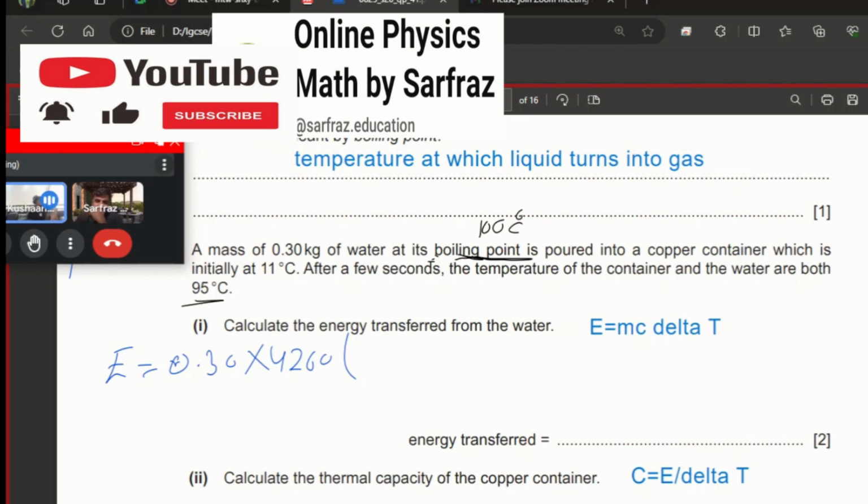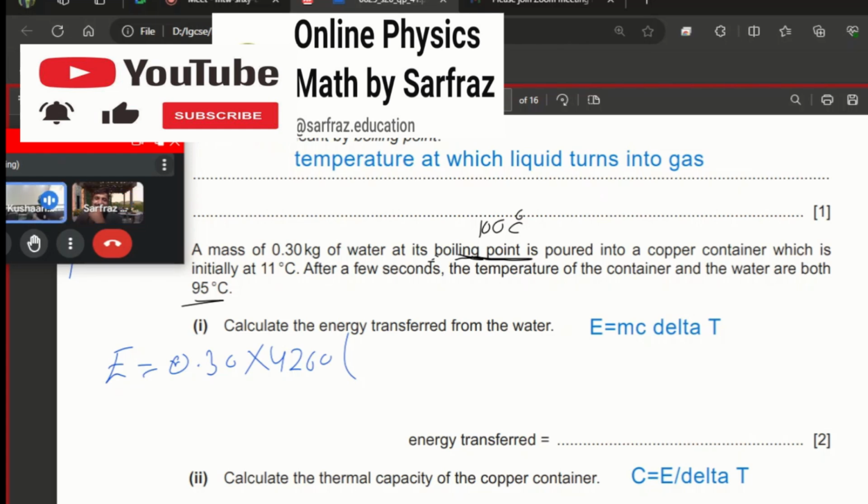Why 11? Because the container is initially at 11 degrees, but after a few seconds the temperature of the container and water are both 95 degrees. So 95 minus 11? Initially water is at what temperature? Read the question again. It is at its boiling point, so it is 100. Yes, it is at boiling point, 100.